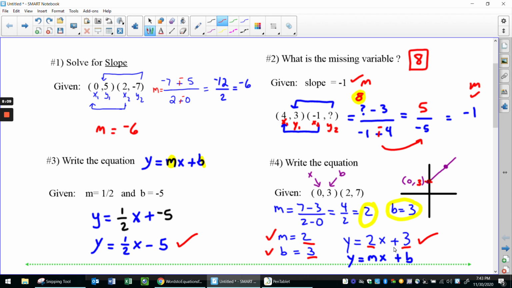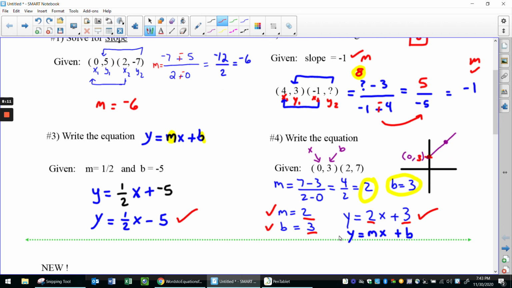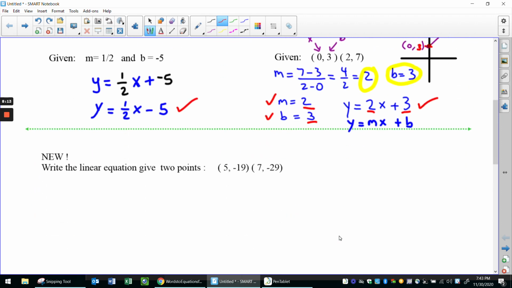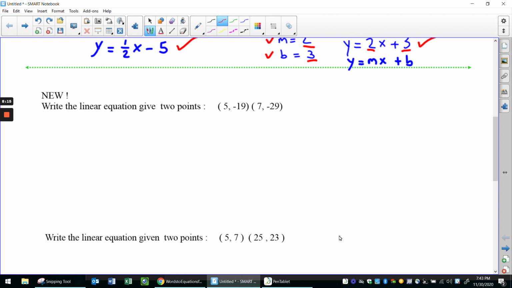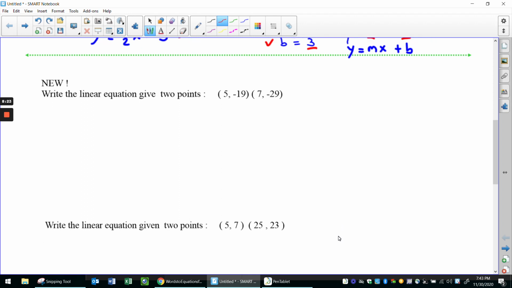Okay, so we're going to go ahead with that review and start our new lesson, where we're given 2 points and we want to find the linear equation given 2 points. So we know a couple of things here. When we need a linear equation, we know that our formula is y is equal to mx plus b.